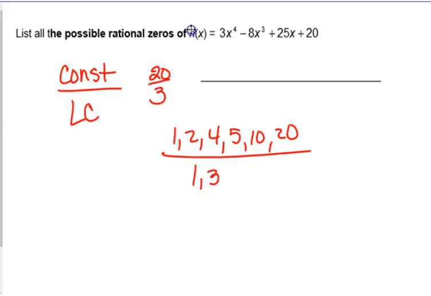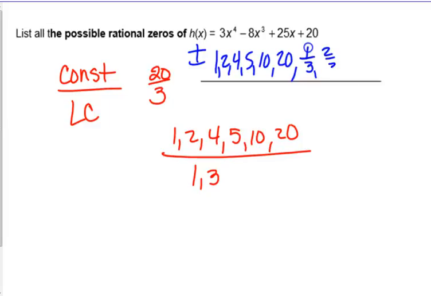So remember, you have to write out what that means, but you don't have to put a plus or minus in front of every single one to make me happy. So you put one big plus or minus. And what would this mean? If you put them over 1, you get 1, 2, 4, 5, 10, 20. Yep. Then you put them over 3, you get 1/3, 2/3, 4/3, 5/3, 10/3, and 20/3. Guess what? I'm not putting that one on the quiz tomorrow because I don't want to check that you have all those answers. But it was a good one to remember how to do it.